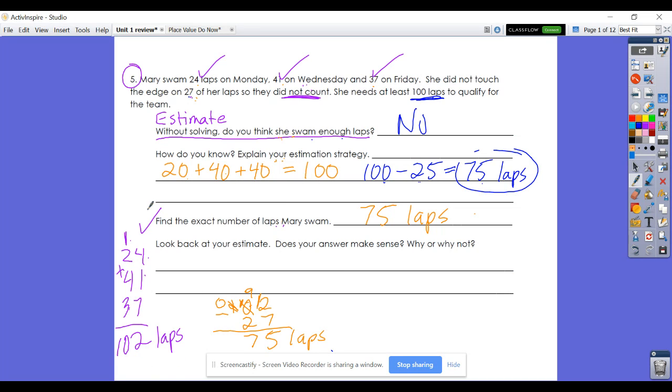I rounded the number of laps and found she was below her goal.